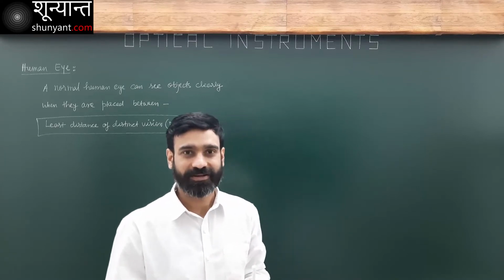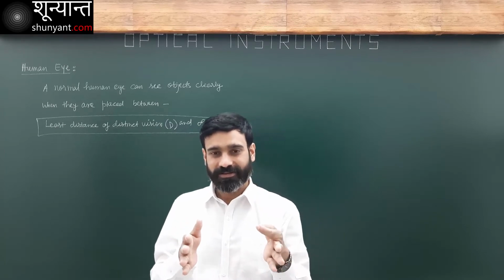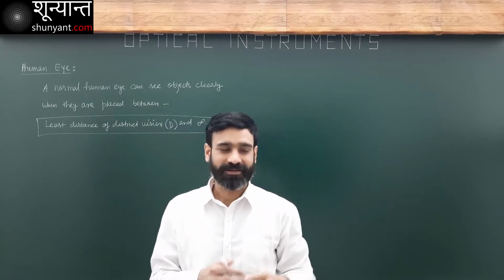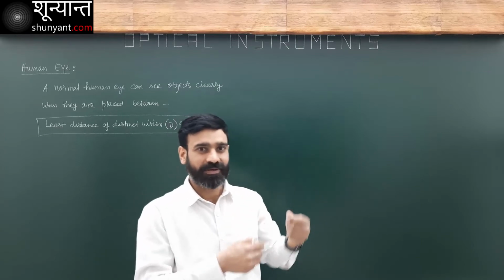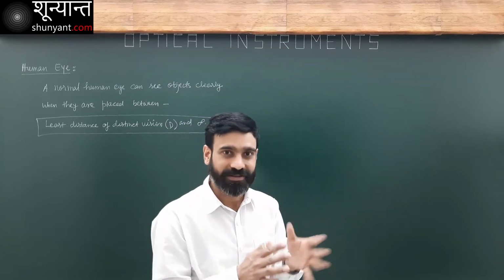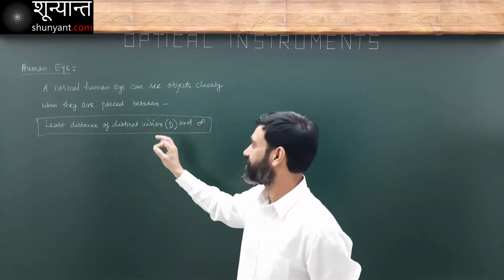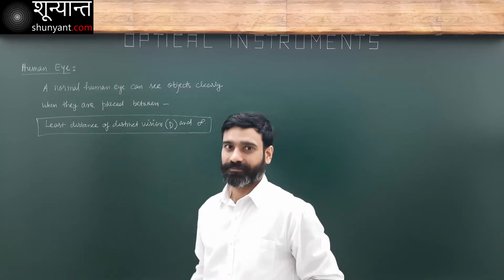So we have this minimum limit, a minimum distance at which the object should be kept. If the object is kept closer than that distance, I cannot see it clearly. That distance is known as the least distance of distinct vision.